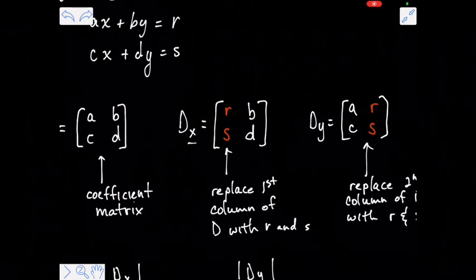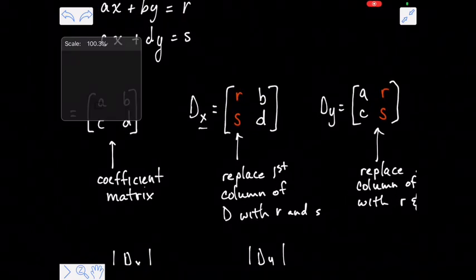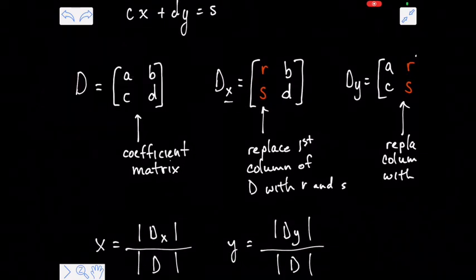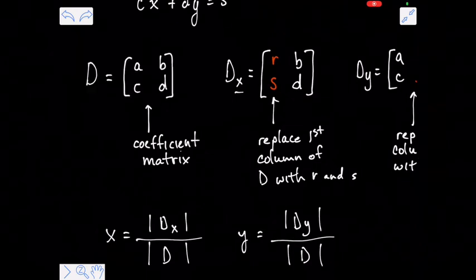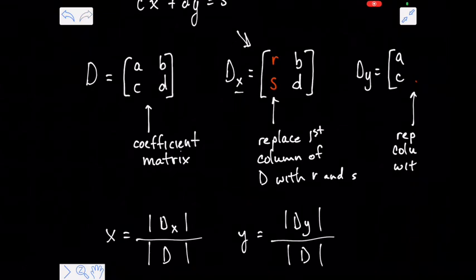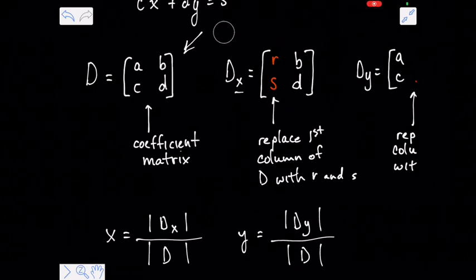So once you have set up those three matrices, the value of x is the determinant of this matrix divided by the determinant of that matrix. And then the value of y is the determinant of this matrix divided by the determinant of that matrix.